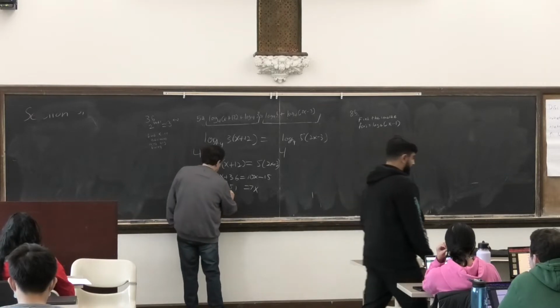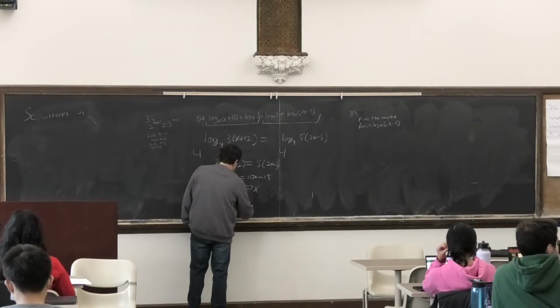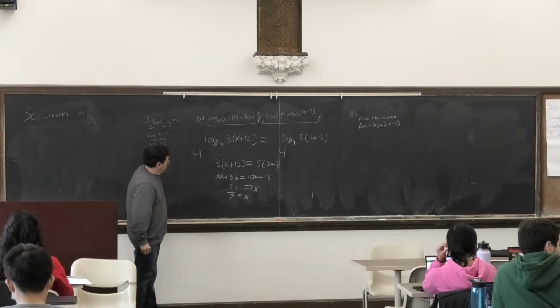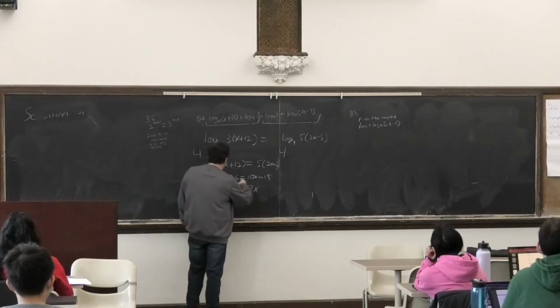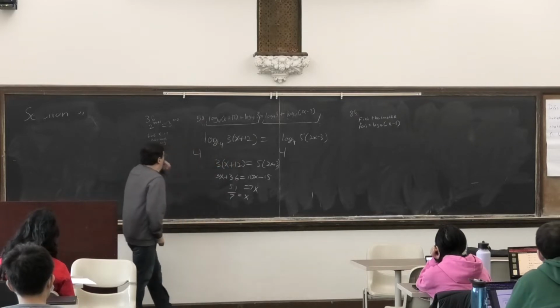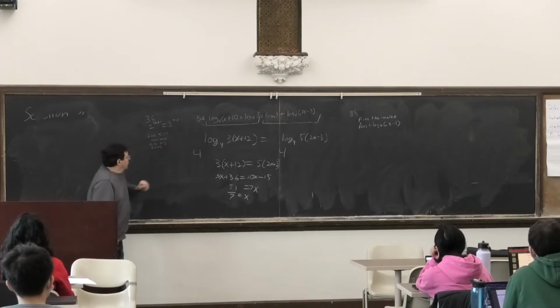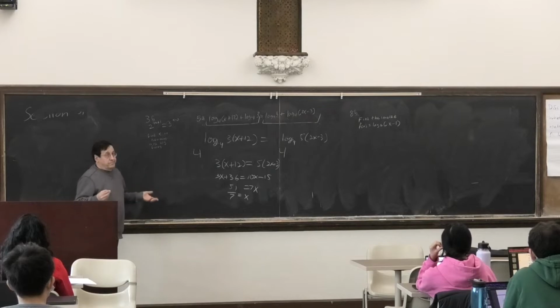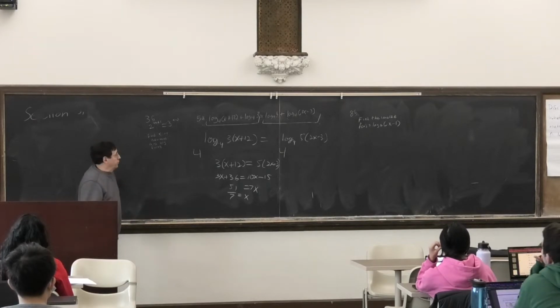You divide 51 by 7. Did I do all my additions properly? 40, 51, 7, yeah, okay. That's how you do a problem like number 54. You use logs or exponential rules to make it an algebra problem.